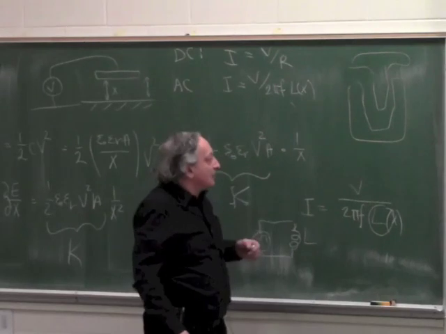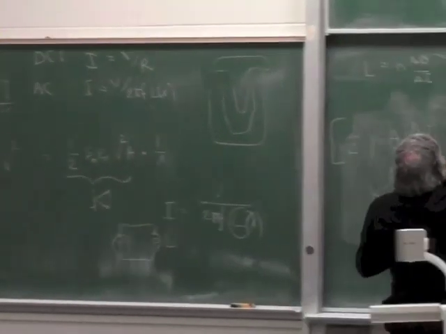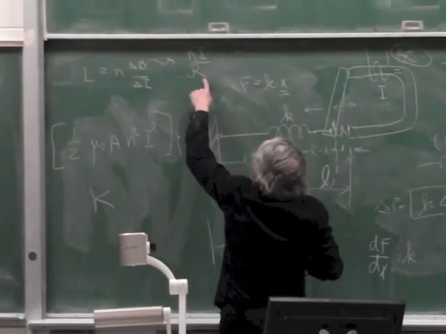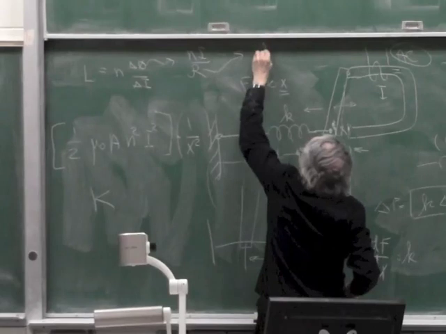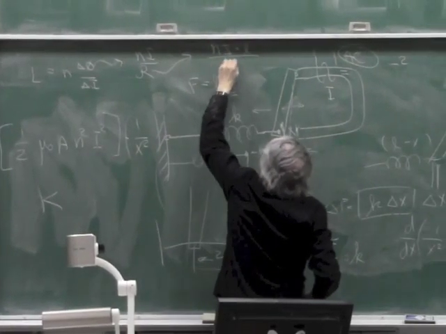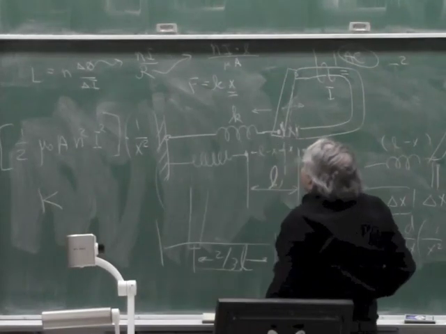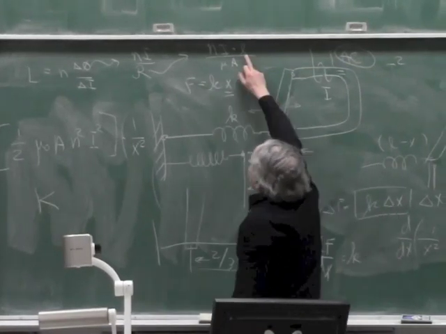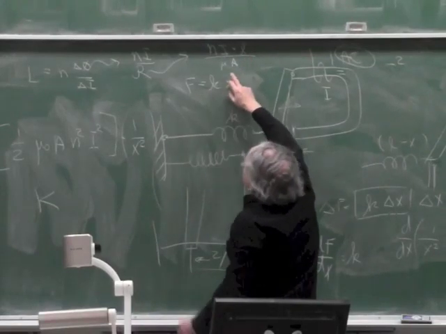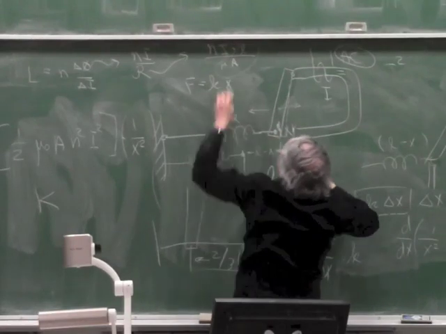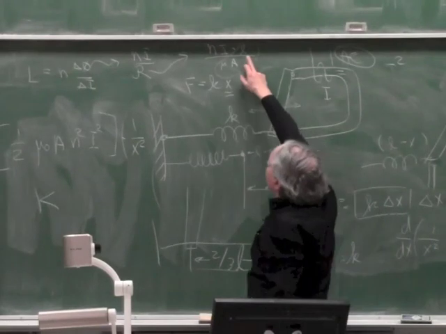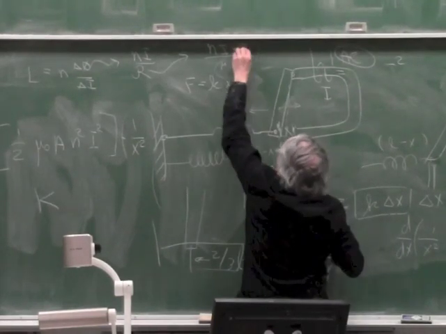actually proportional to 1 over x, because if you plug in the numbers in this formula, just look back in your notes, one page back, R, we said R is Ni times L over mu A. Okay, so the reluctance is this part, and L is the air gap, is x.